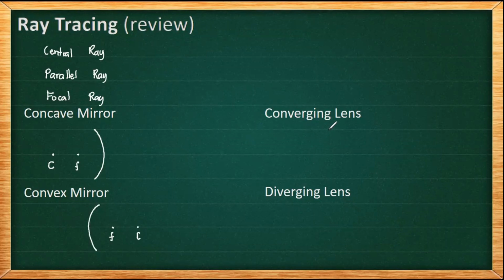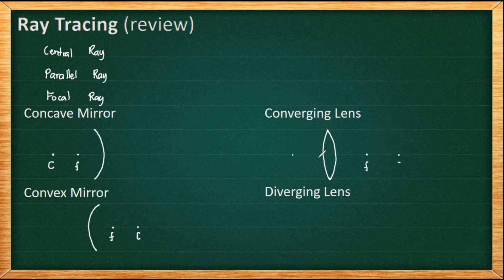For a converging lens, a converging lens is a lens which converges parallel light rays into a focal point. So let's say this is your focal point, and this is the center.